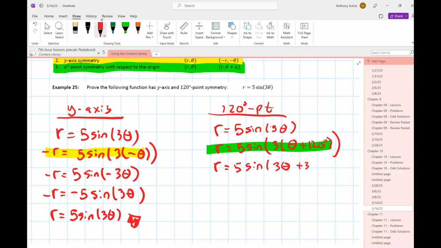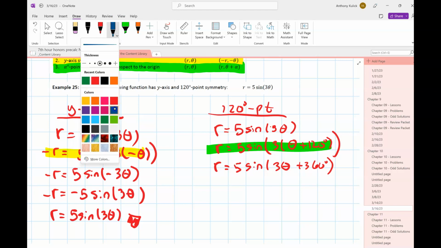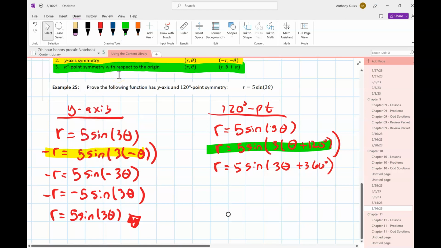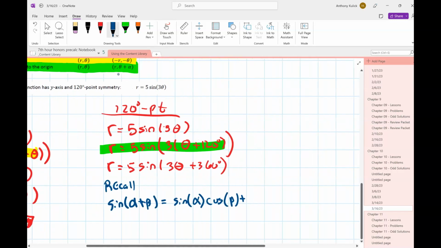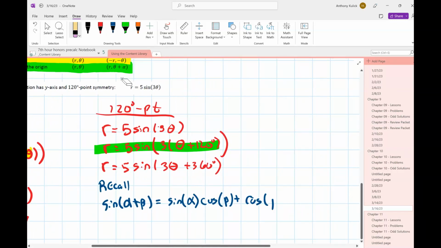I have 3 theta plus 360. And what can I do with sine of 3 theta plus 360? I have an identity for this. That's an angle sum identity. So the sine of alpha plus beta is sine alpha cosine beta plus cosine alpha sine beta.